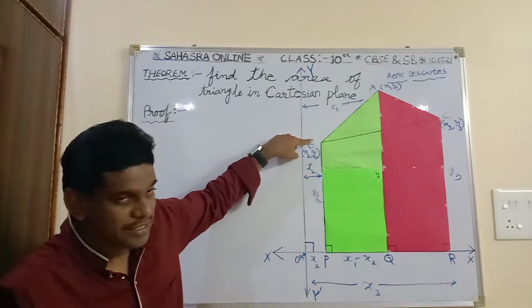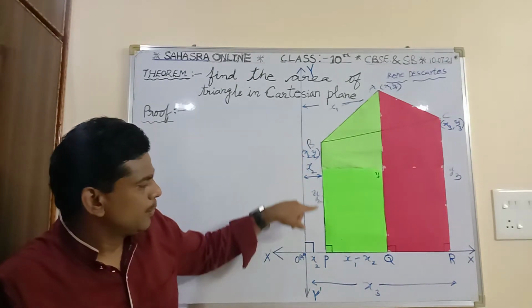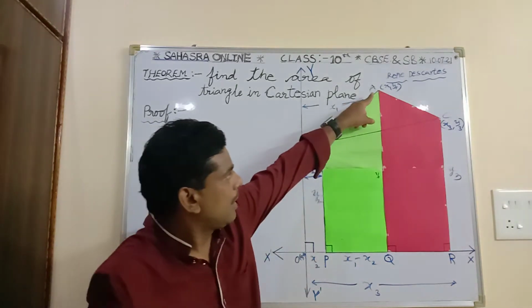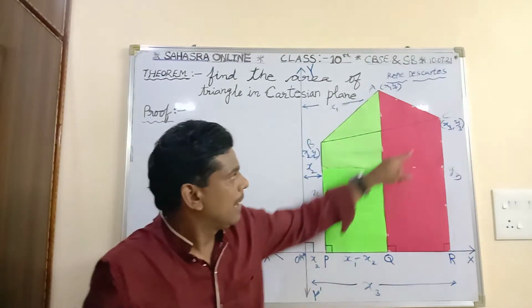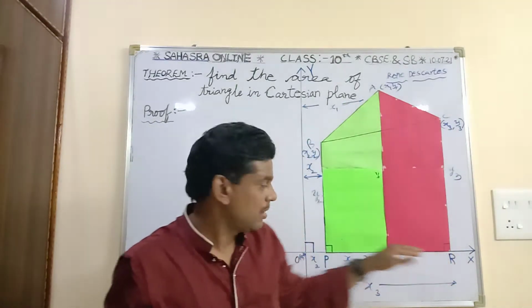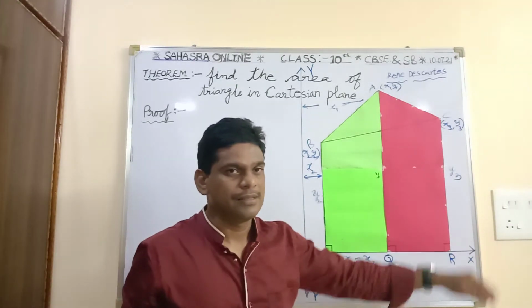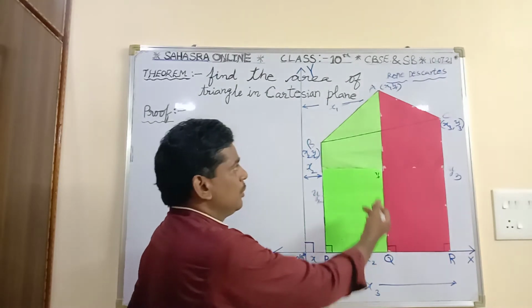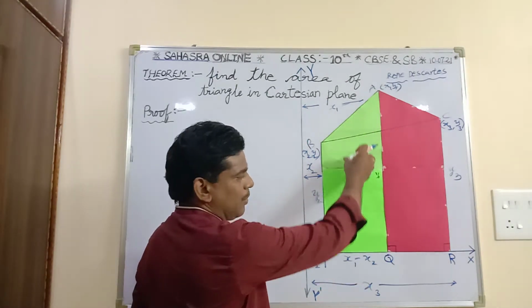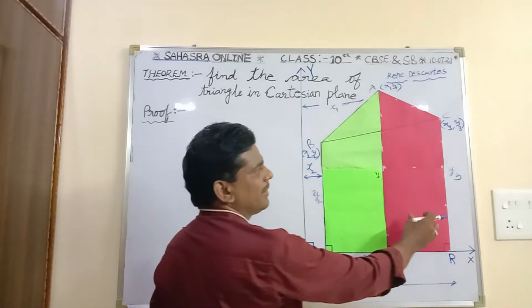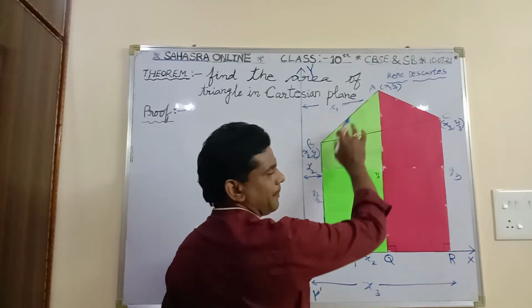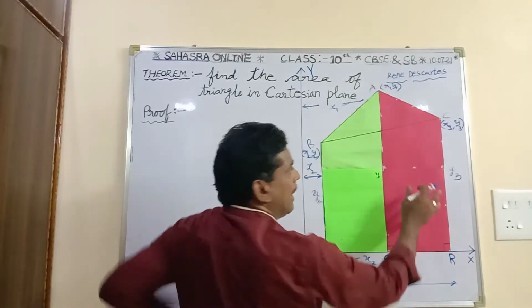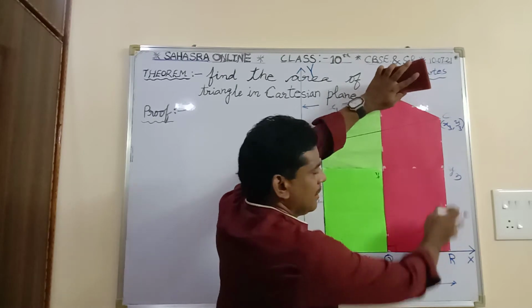Draw perpendiculars from B to P, A to Q and C to R on x-axis. Okay? Yes. So if you join them, we will get three figures. What are they? 1, 2 and 3.